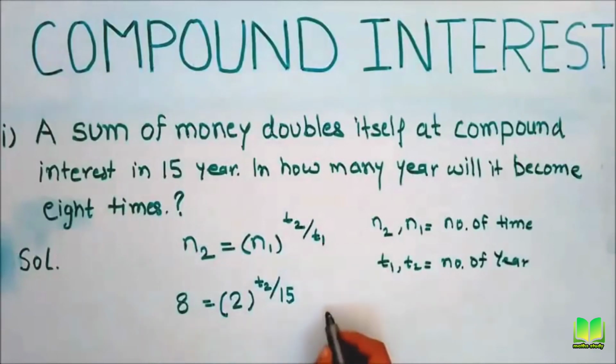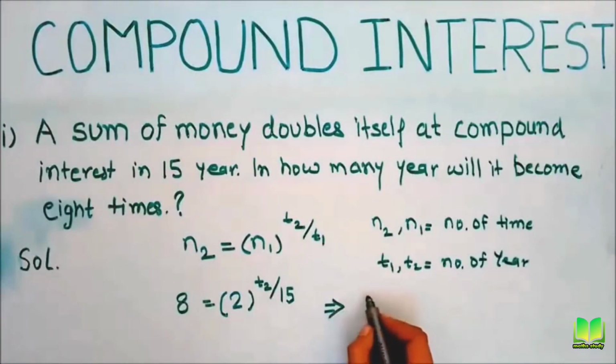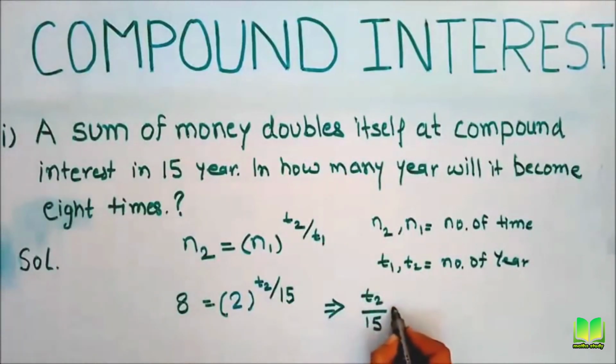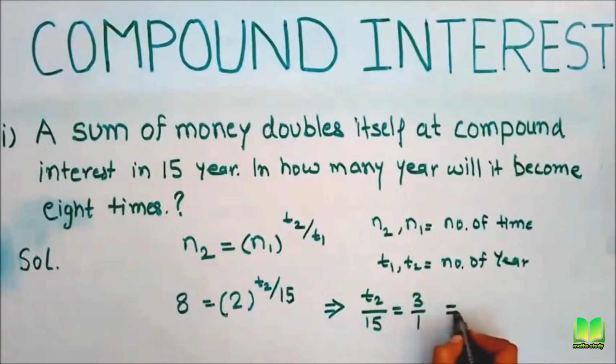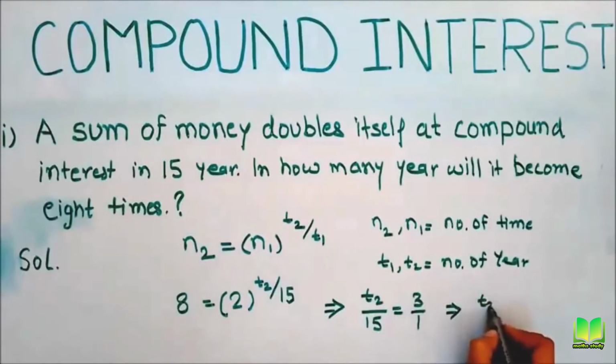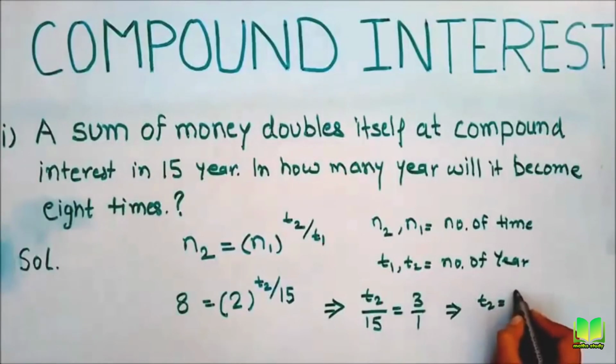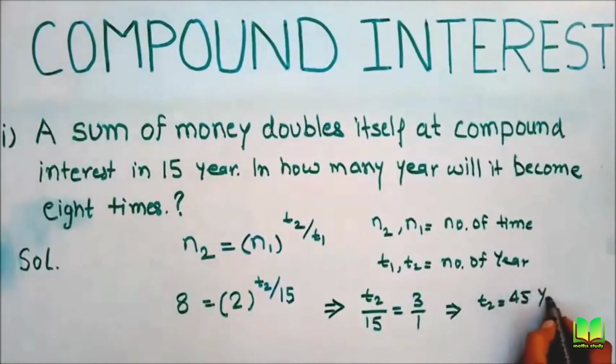If we solve this formula, we get t2 divided by 15 equals 3 by 1, and here we get the value of t2 as 45 years.